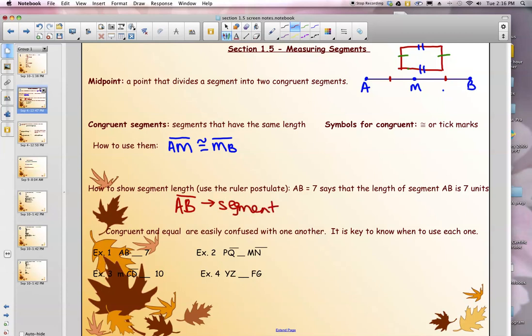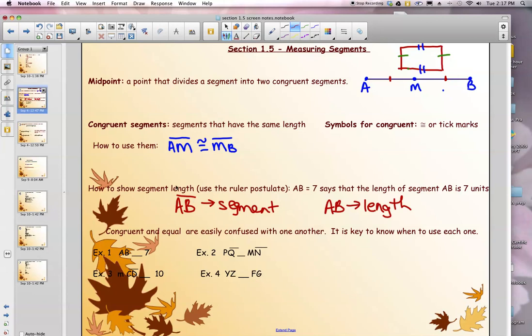When I put AB with nothing over the top of it, that means we're talking about the length. So when I talk about this, I'm talking about the actual object. When I talk about this, I'm simply talking about the length of that object. So I would say that the length of A to B is 7, meaning that AB is 7 units long. When I talk about segment AB, I'm talking about the line segment itself. So there's a big difference.